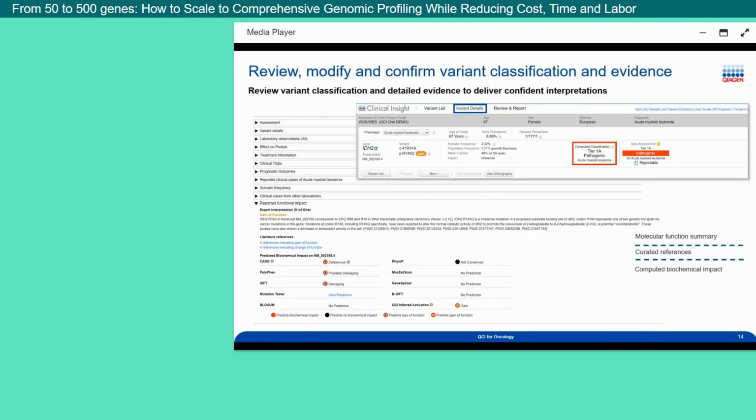The first is the functional impact section, open here at the bottom of the screen. It provides a written summary of the molecular function. You can also access the curated references via hyperlinks, and review the predicted biochemical impact from various prediction tools. The combined knowledge allows you to confidently understand the functional impact and relevance of this mutation.